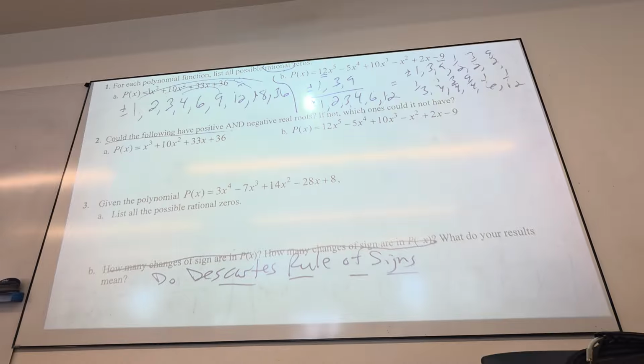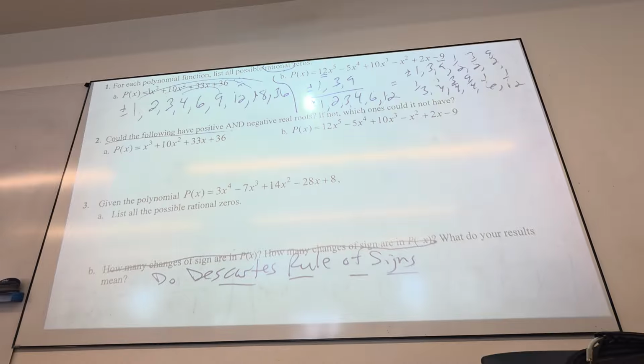Yes? So there's no sign changes. No positive roots. What happens on part B? The signs are alternating, they always change.